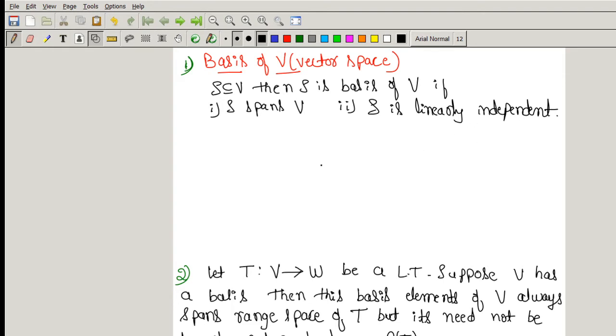If you check for linear independence, first we have to consider the linear combination of the elements in that set, say a1, a2, so on up to an.